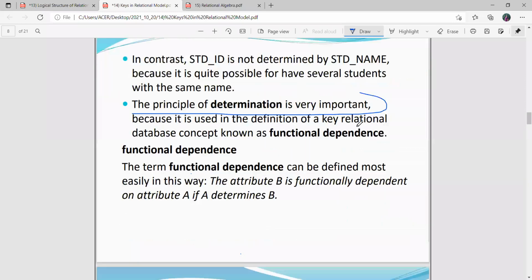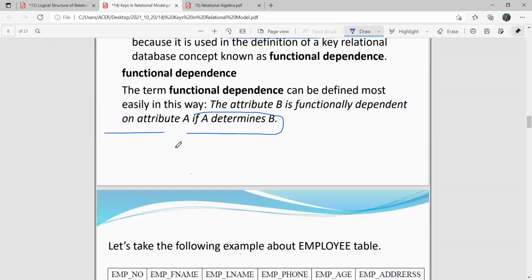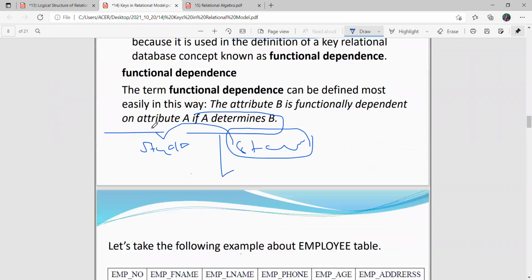The easiest way to define it: attribute B is functionally dependent on attribute A if A determines B. According to our example, the student name is functionally dependent on the student ID if the student ID determines the student name.